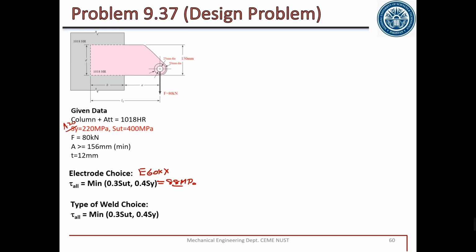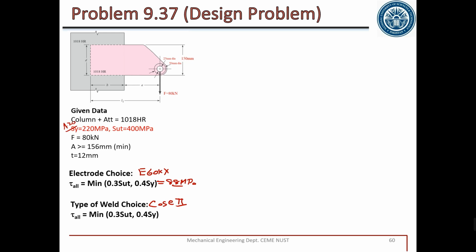Just like the previous problem, we will be using case 2, parallel weld. The tau allowable equation is exactly the same, there is no need to write it again. So now we have selected case 2, and all remaining data of case 2 you can use here.